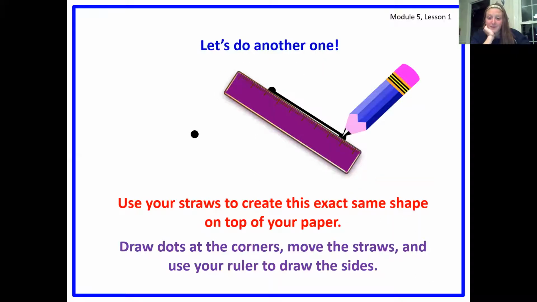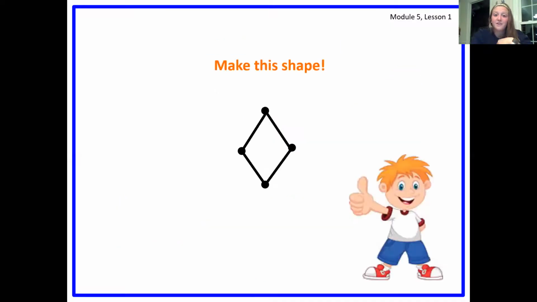Okay, so complete it. So this shape also, we could describe it by its attributes, and it has 3 sides, 3 corners. Awesome. So now I want you to look down here. Make this shape with your pencil, make it with your straws, make it with whatever you got.